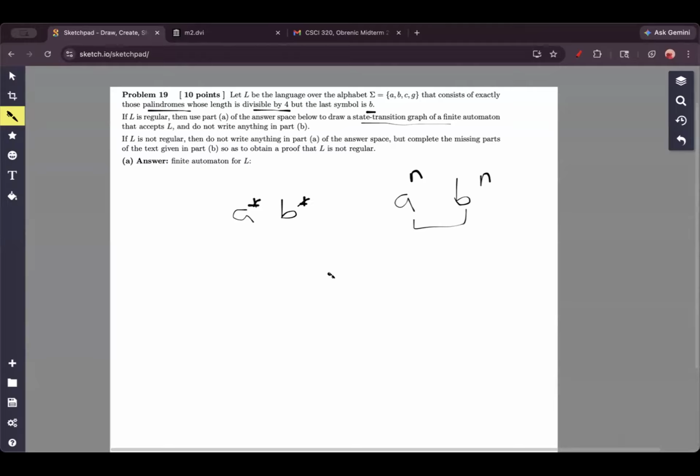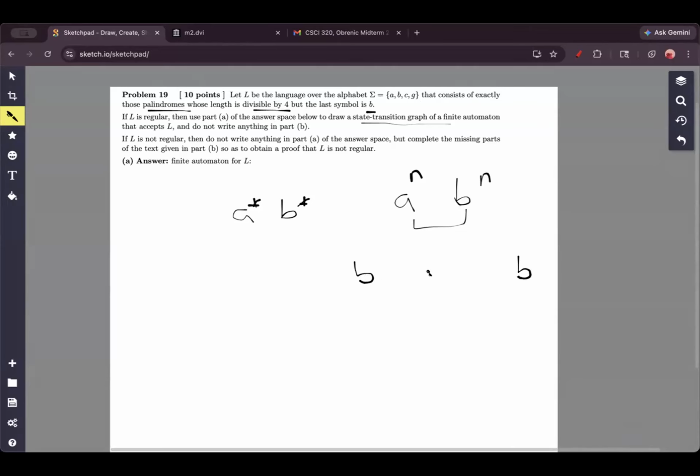If I see 2 A's over here, it has to end with 2 B's. You cannot do this with regular expressions, because again, the last symbol is B, so the first symbol has to be B and the last symbol has to be B, whose length is divisible by 4.